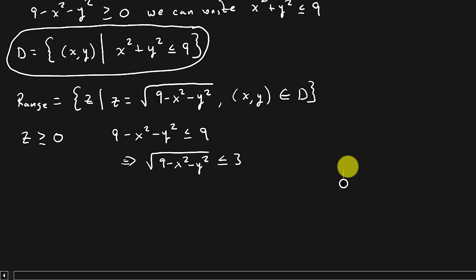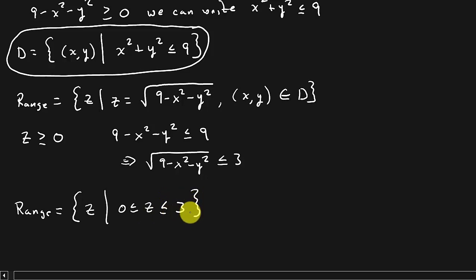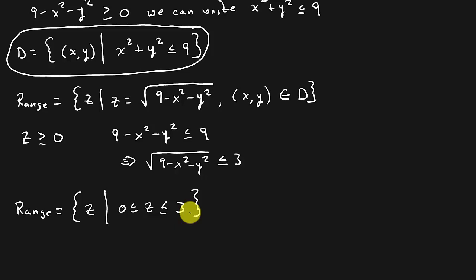So, looking at this, I can write my range as the set of all numbers z such that z is greater than or equal to 0, but it's also less than or equal to 3. So those are going to be the values that I get out. That's my range right here.